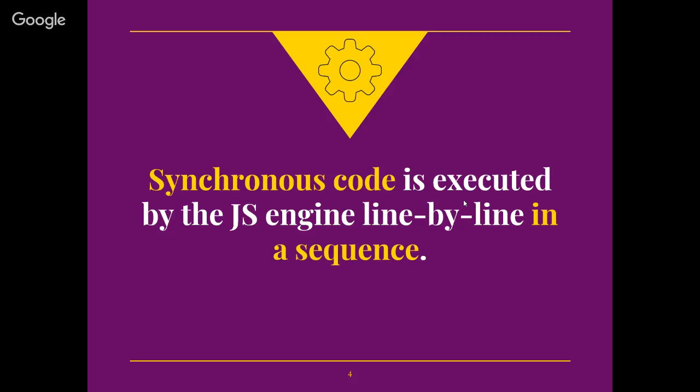So JavaScript will wait for that function to finish, and only once it's done, it will move on to the next function. And after that, eventually, when the second one finishes, we'll move on to the third one. So it's run line by line in a sequence. This means that there are never two functions running at the same time.